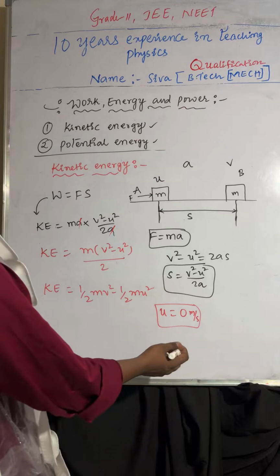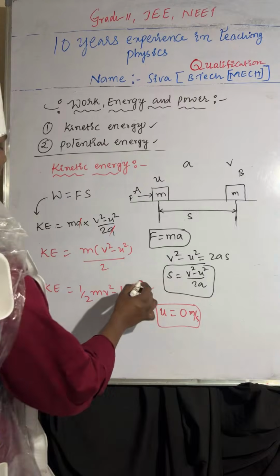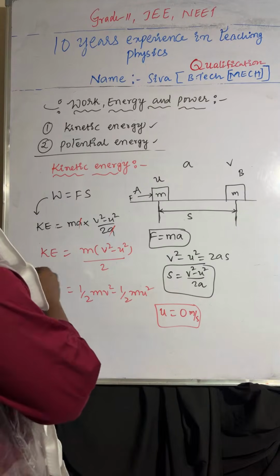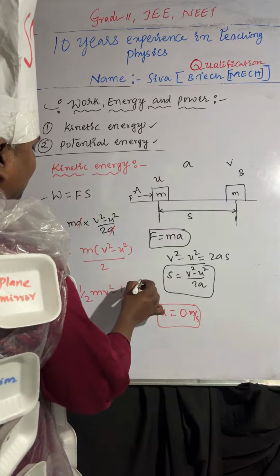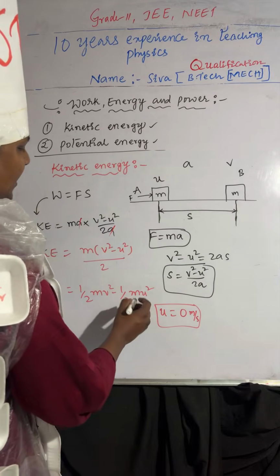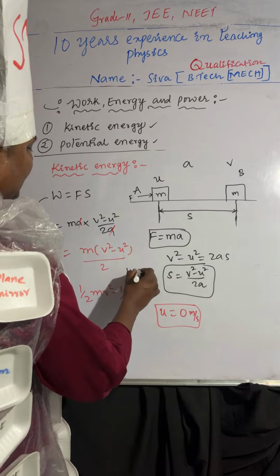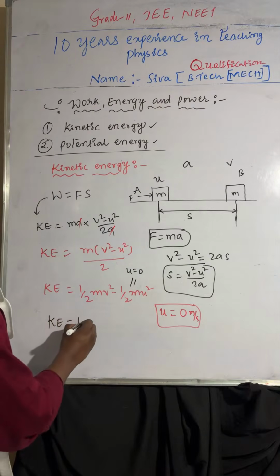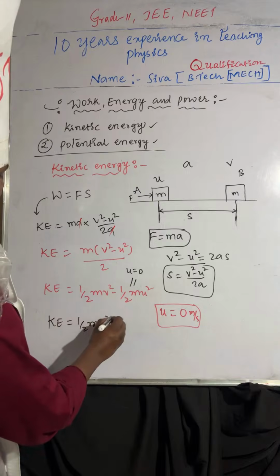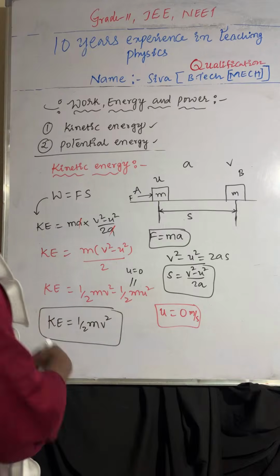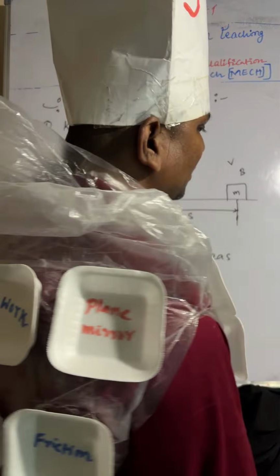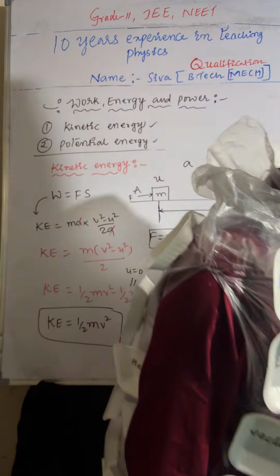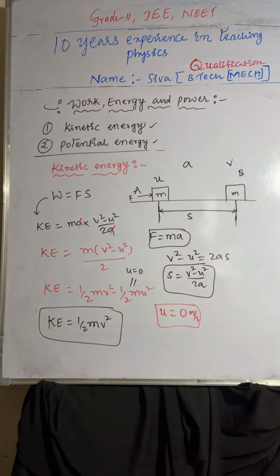So that's why this entire term becomes 0. Then K equal to half mv square. The kinetic energy formula is K equal to half mv square. Very, very important.